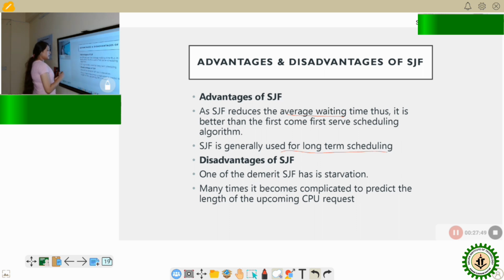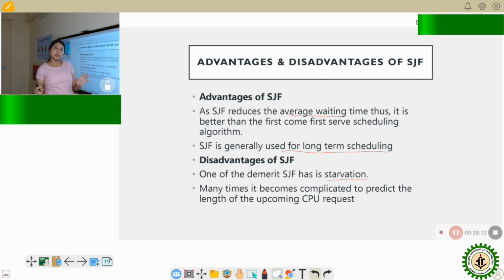Then what is the disadvantage of SJF? It has starvation. It may starve. Suppose shorter processes come again and again, then the longer process has to wait.